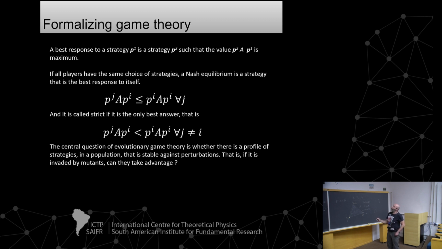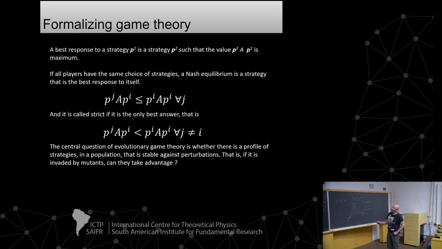So in terms of this formalism, a Nash equilibrium is a strategy, for example, strategy I in this case, such that the payoff of any other strategy J against I is lower than the payoff of I against itself.